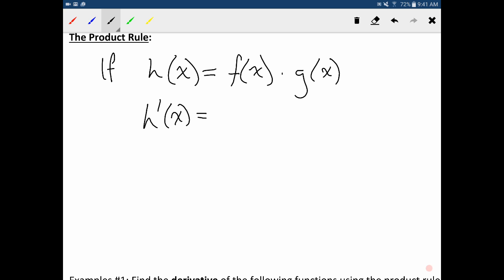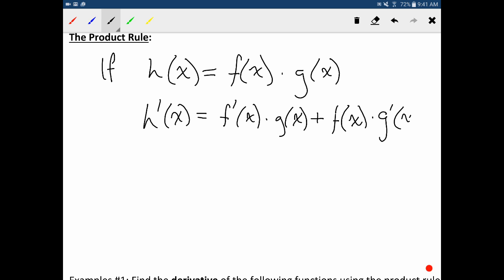This is going to be equal to the derivative of f of x times the regular function g of x, plus the regular function f of x times the derivative of g of x. And that is what we call the product rule.